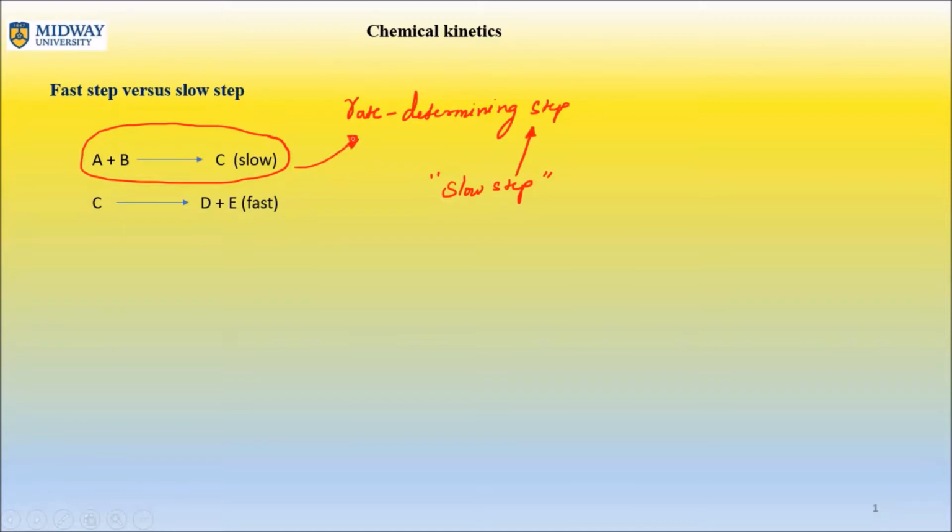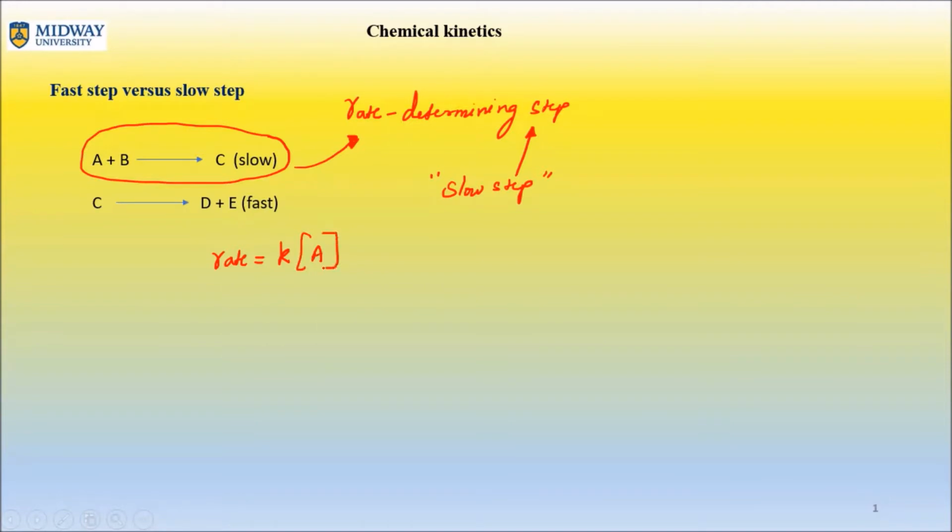What does that mean? What is the implication? It means that if you have to write the rate law expression, this is the only step that counts. The rest of them do not count because this is the rate determining step, because it is the slow step. So how do we write the rate expression?